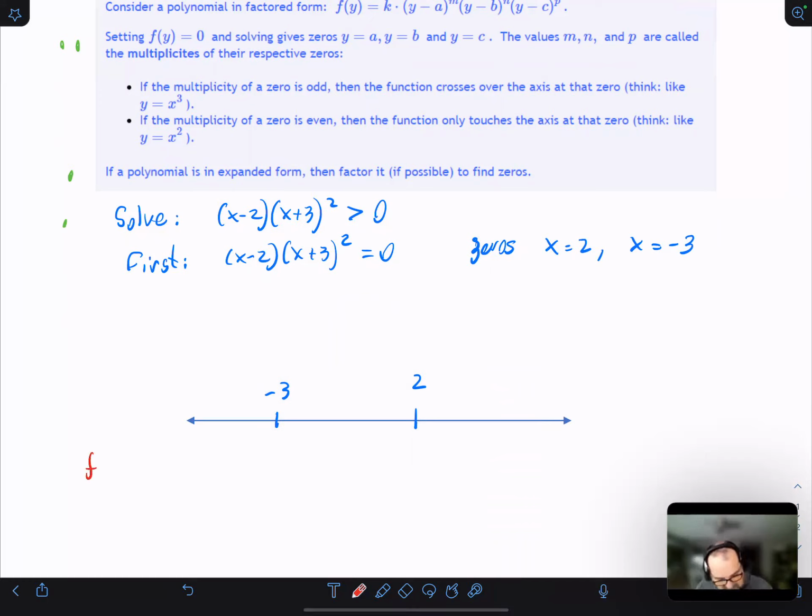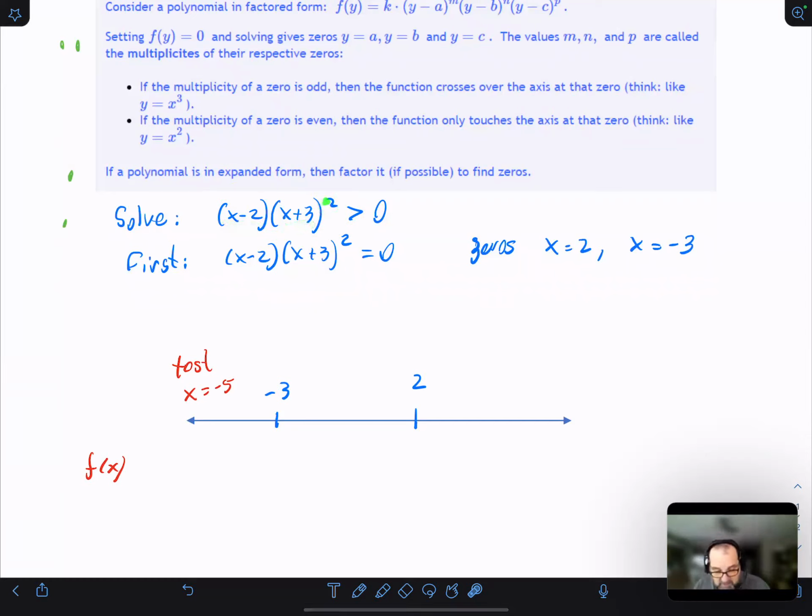So for f of x, we can test some points. Test any point that is less than negative 3, for example, x equals negative 5. If I put in negative 5 for x, then I have a negative 7 factor here, and a negative 2 squared here.